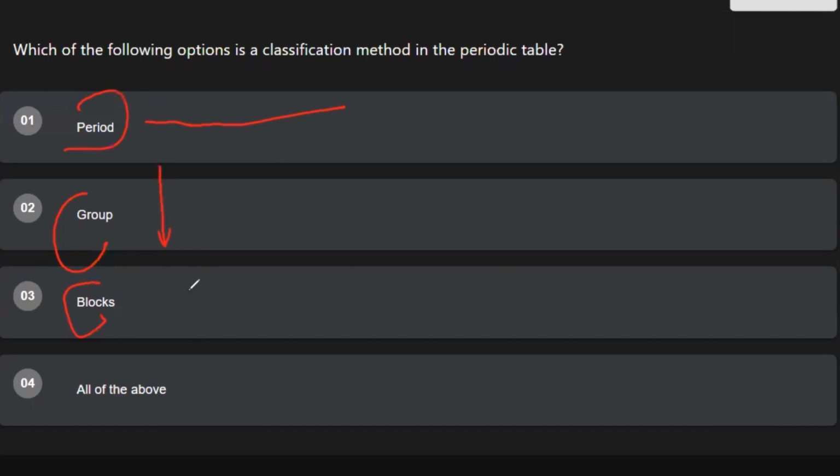A block is the different colored blocks in the periodic table, if you could remember. Like the first one we had in a different color because they are alkaline metals. The last one we had a different color because they are noble gases. Then we had transition metals in the middle. We had halogens. So yes, blocks are also a classification method. So the correct answer for this should be all of the above.